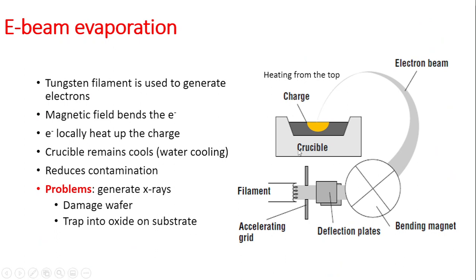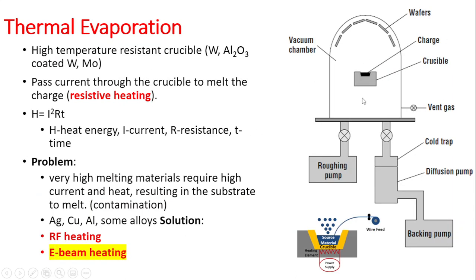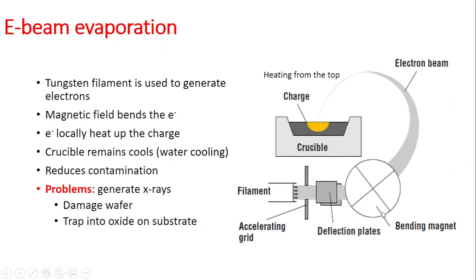Basically, the setup for the e-beam evaporation is very similar to the one shown on the right here. However, the way you heat the crucible is slightly different. You have an electron source, typically a tungsten filament, and then using electron deflectors and a magnetic field, you bend the electrons, and then you make the electrons bombard the top surface of the charged material, and you locally start heating the charged material from the top.